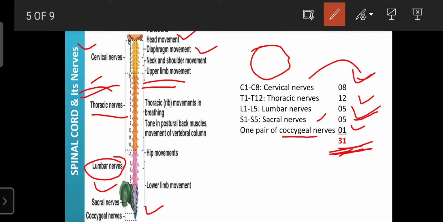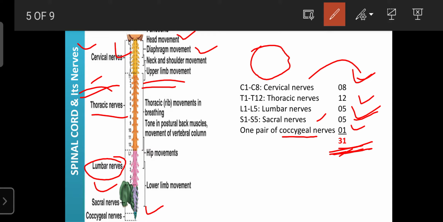If there is any injury to the cervical nerves, it can create problems in respiration. An injury due to a wrong sleeping posture, or during travelling, an accident, or sports, if it affects the cervical nerves, can cause a problem in inspiration, because the diaphragm movements are regulated by the cervical spinal nerves.